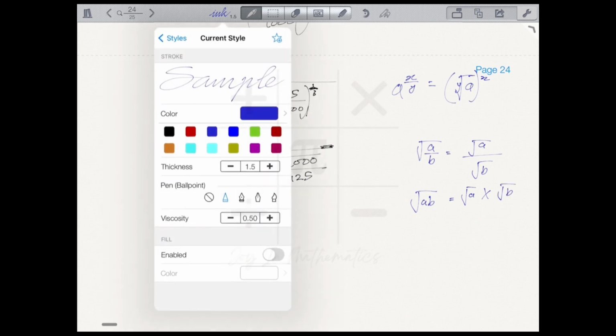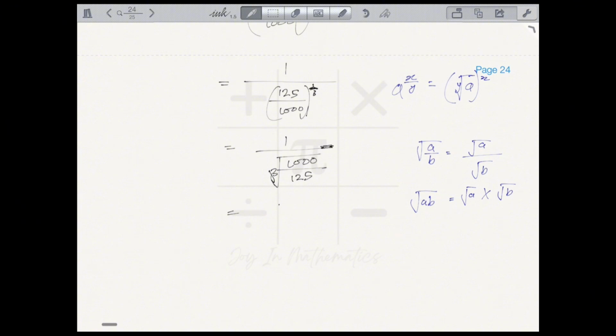So applying this principle here, we will have 1 divided by the cube root of 1000 divided by the cube root of 125.